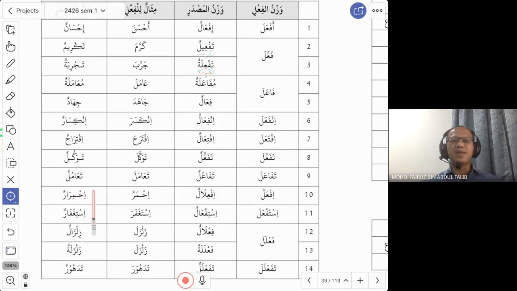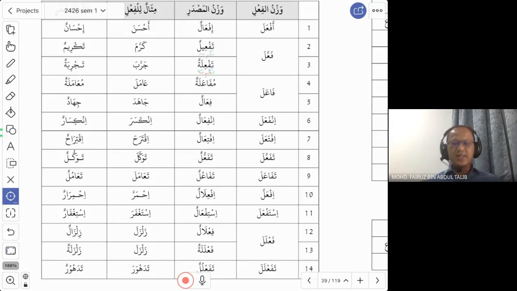Ta'amala is similar to the word amala just now. It means to treat other people or to deal with other people. The mudari' is yata'amalu. The masdar is ta'amul, your treatment of other people, how you deal with other people. Okay, so this is tafa'ul.